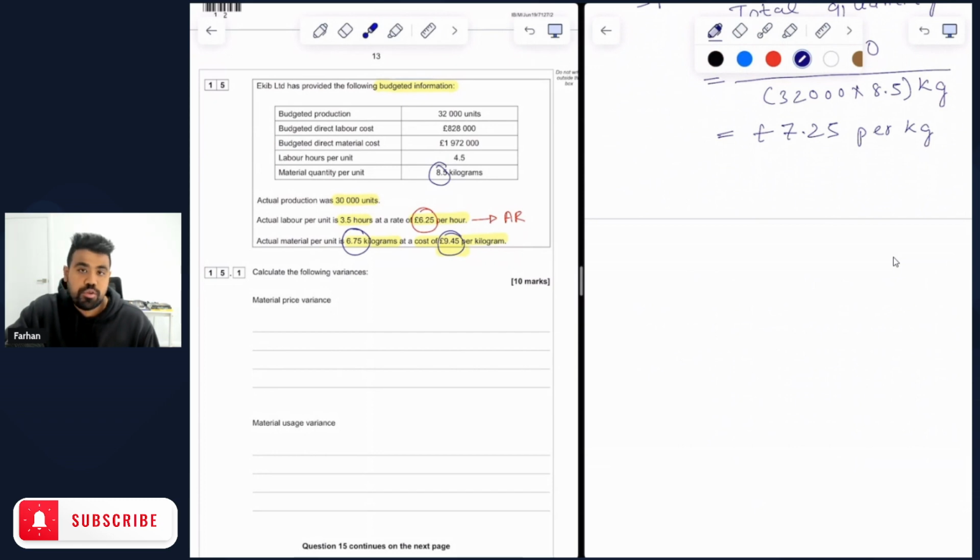It's more of an intuitive approach and a logical understanding as you progress through. And you can only get better with this if you practice again and again and repeat your daily variance practice. So let's find the actual quantity of raw materials required for producing 30,000 units.